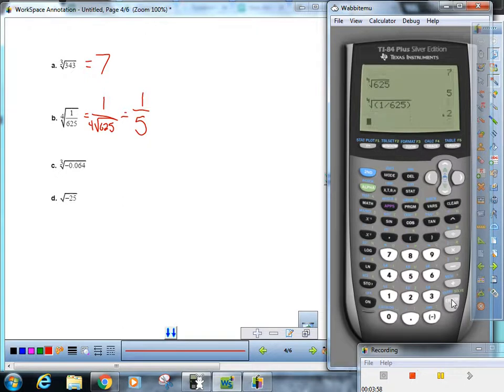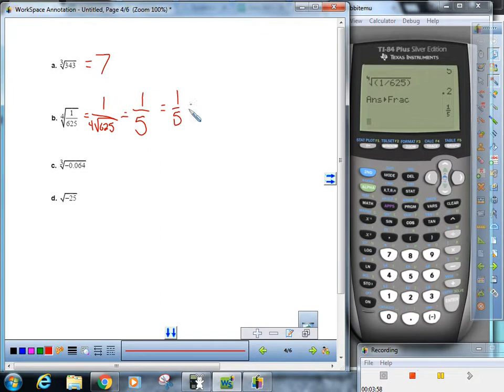Now it's not going to give you the same thing as a fifth. Hopefully you know that 2/10 is a fifth, but it's okay if you don't. You weren't really raised that way. You just go back to math and say, hey, I want to turn this thing into a fraction. That's what this says. Turn it into a fraction. So hit 1, and now you get your 1/5, which is what we got. Okay? All good answers.